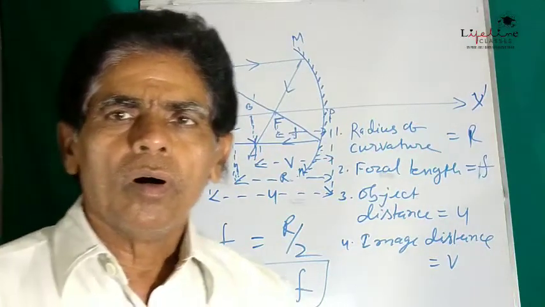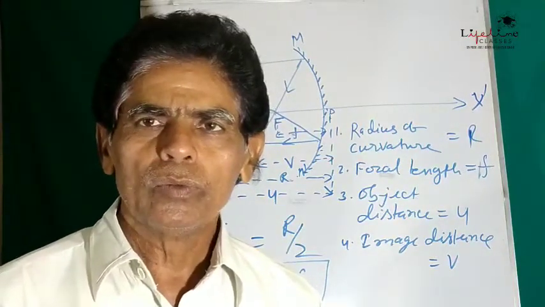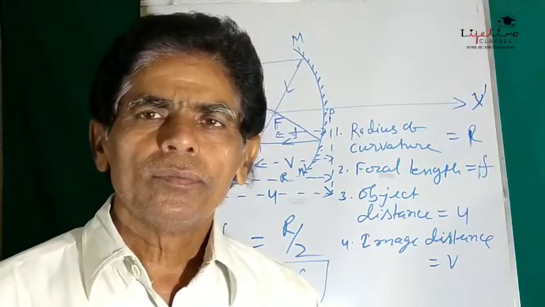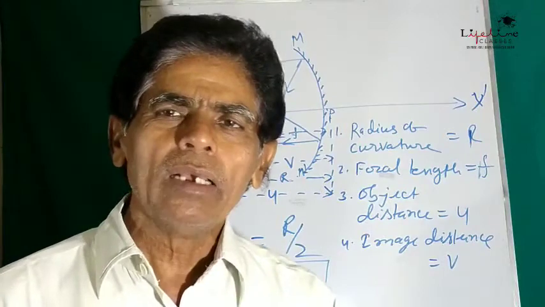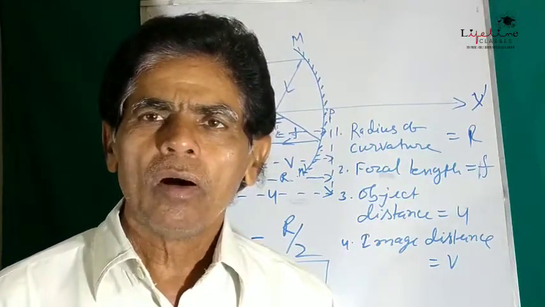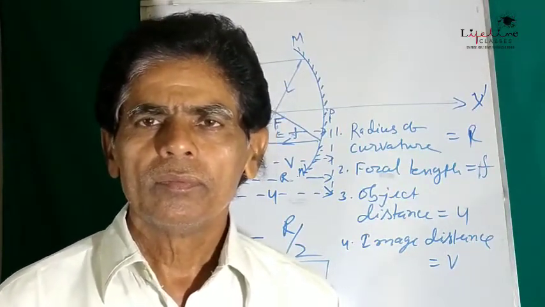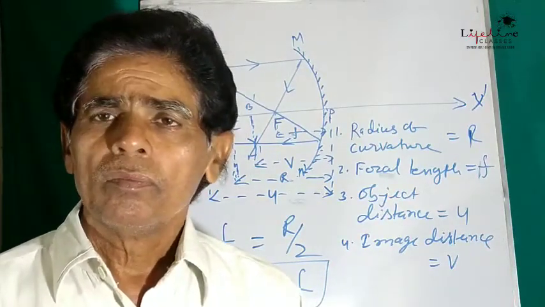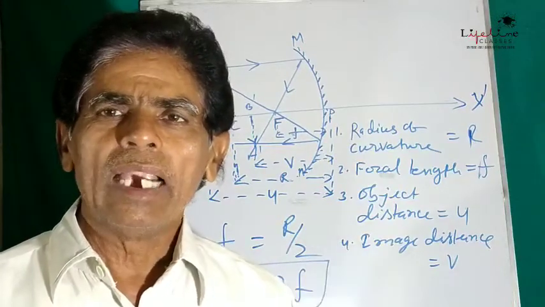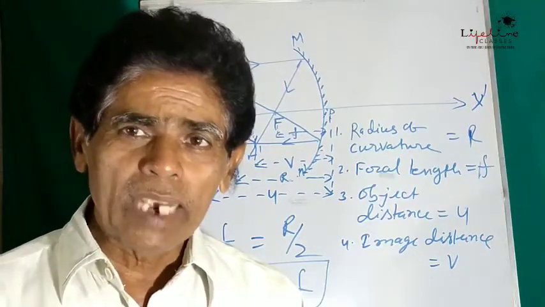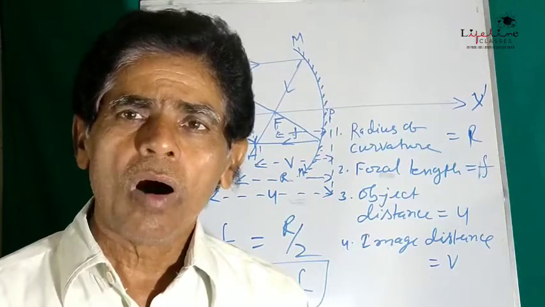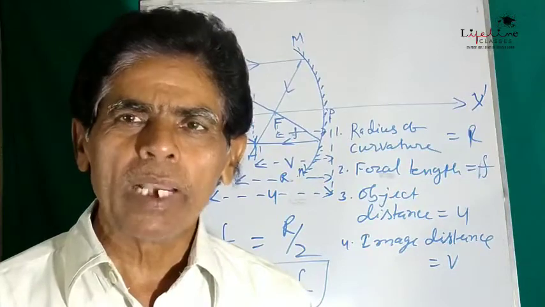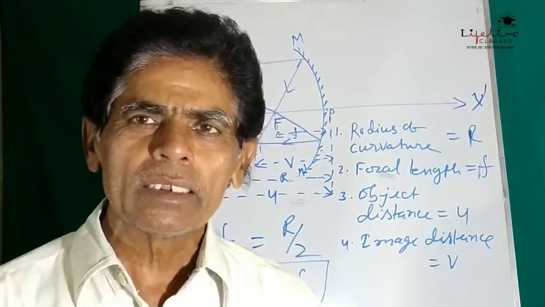Now, object distance, or the distance of the object from the mirror. It is the distance between the pole and the object placed on the principal axis, the point at which the object is placed on the principal axis.